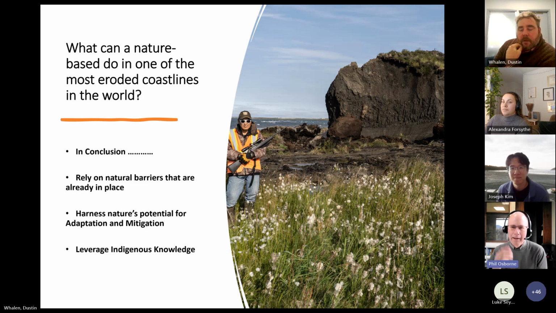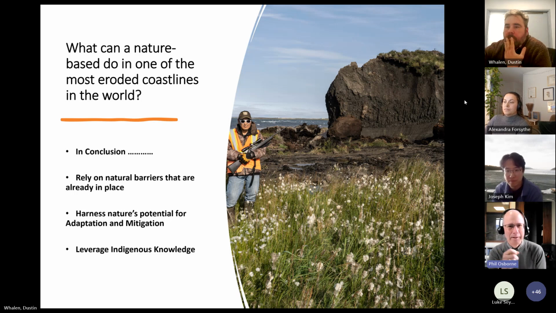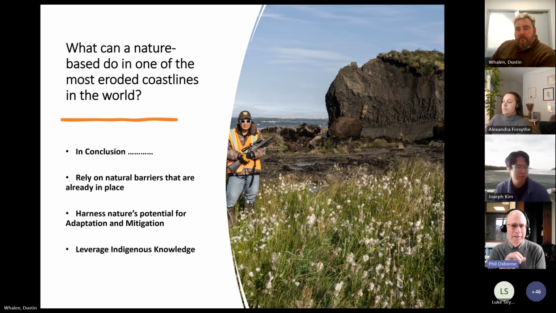I'm going to ask a question or just a comment about the driftwood part as well, because I think it's really interesting to see that you've got some examples there where it's clearly been in place for a long time, and it has been effective. So I think there's scope for a study to look at examples where driftwood has been really effective in shore protection and where it maybe hasn't been.